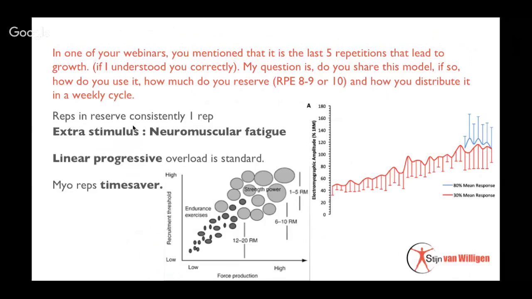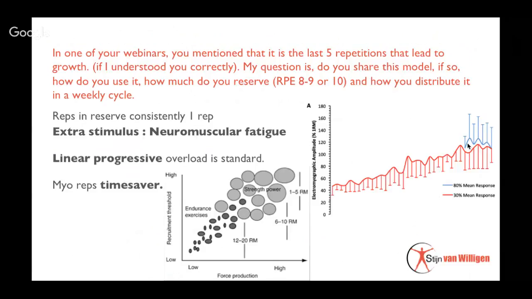So let's have a look. So basically, when you're doing a low weight, you start up here, and there is a lot of type 1 fiber recruitment, motor units that are attached to type 1 fibers, which are slow twitch, which don't have a lot of potential to grow. And from a certain point, you're going to need those bigger motor units with type 2 muscle fibers that are very prone to grow.